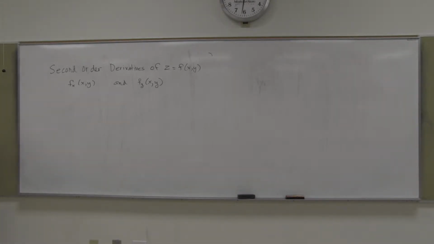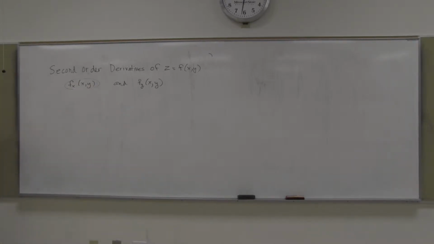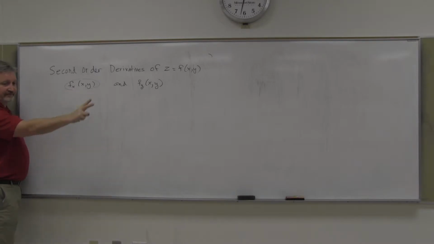Well, here's what we need to talk about. Let's just focus on this one. I've got this first order with respect to x, and those can have both x and y parts to them. So for the second derivative, we can do a derivative with respect to x, or a derivative with respect to y, both. Off of this one we can branch off.